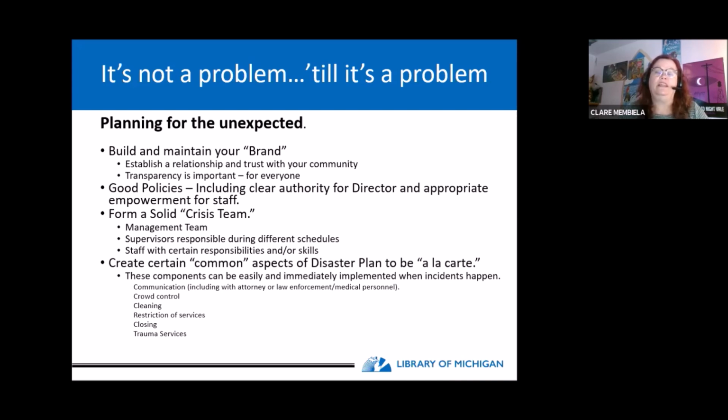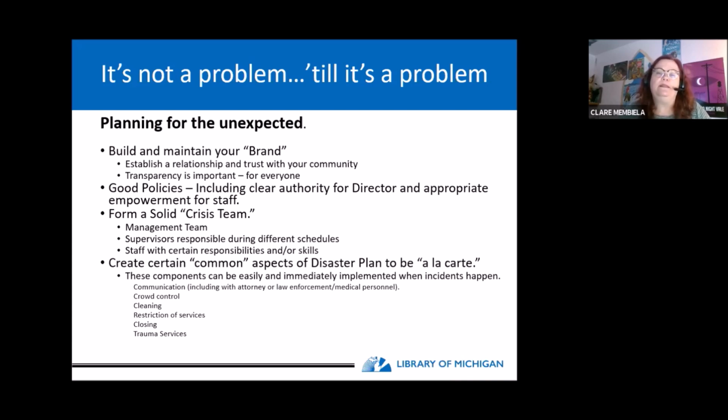Maybe there's a prior relationship between two members of the library community in a particular library that wasn't known, and it flares up and maybe turns into violence. There's all kinds of things out there. So the tagline that we have here at Library of Michigan is, it's not a problem till it's a problem.